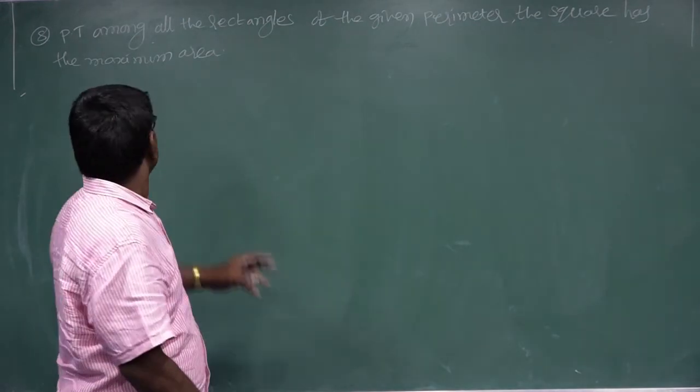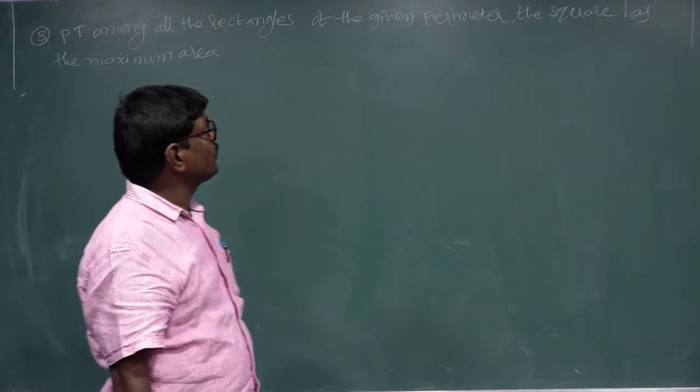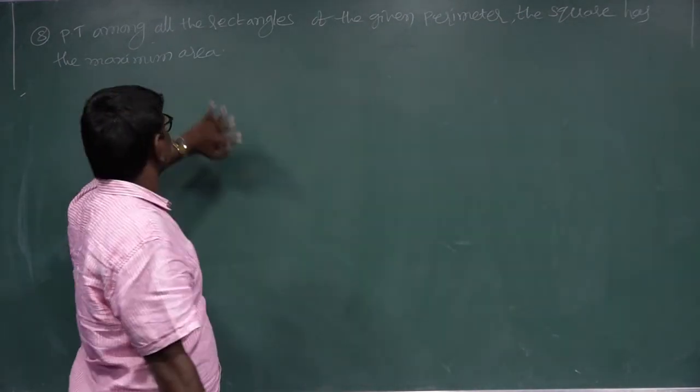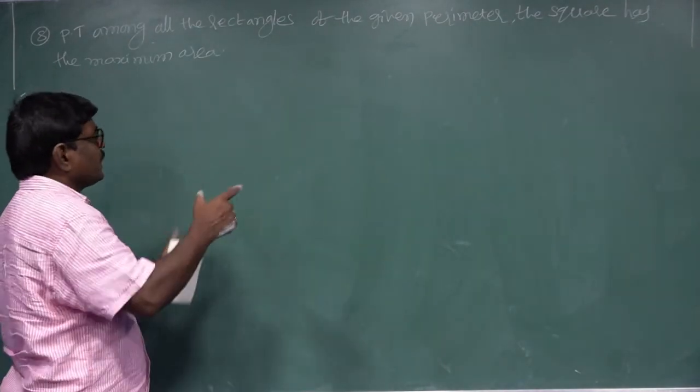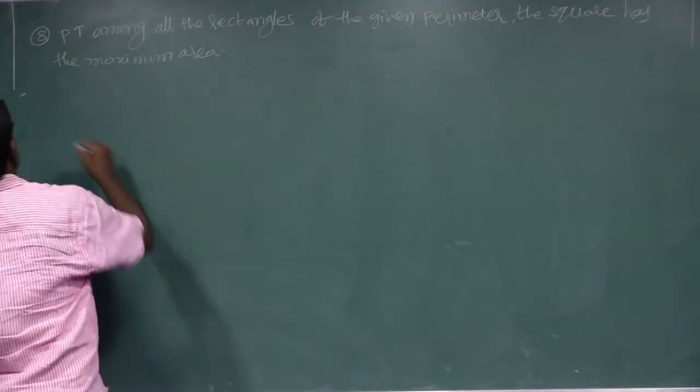Eighth problem. Prove that among all the rectangles of the given perimeter, the square has the maximum area. The rectangle becomes a square. Solution.